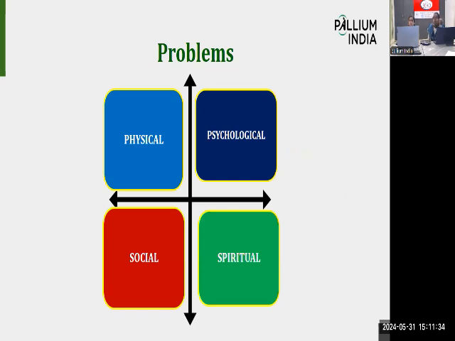So I would like to hear from you all. What are the physical problems the patients might have developed? Just imagine a fungating wound or a cancer wound on the right buccal mucosa. What are the problems that patients might have developed?